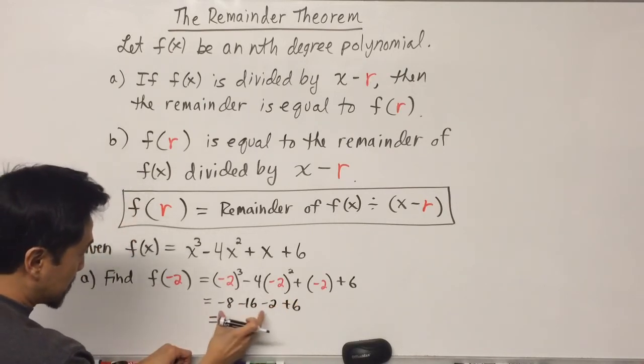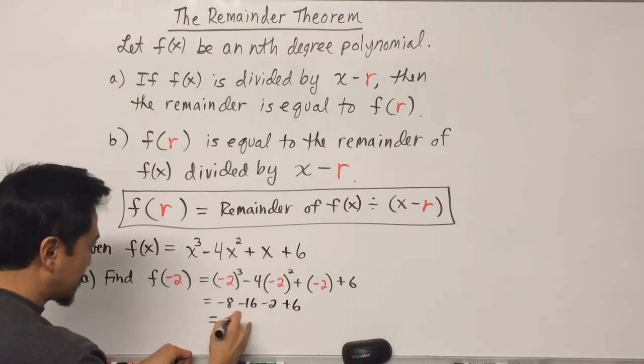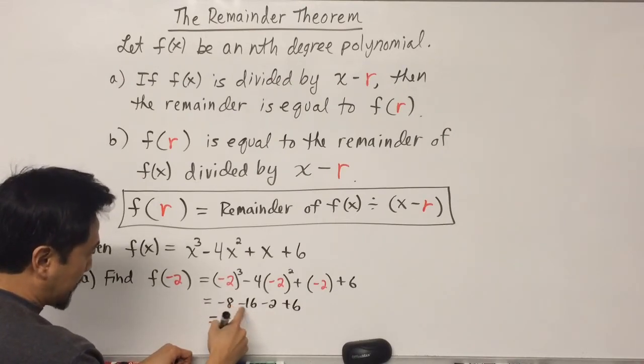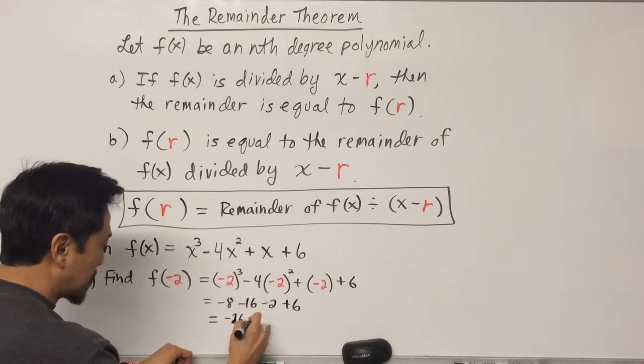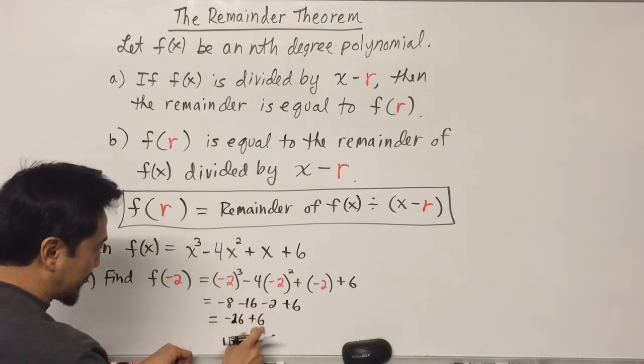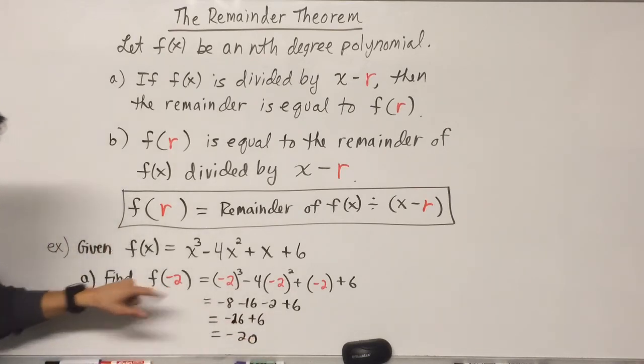Okay? So what is this? That's -10. -10 added with -16 is -26. Then -26 added with 6 would give us -20. Okay, so that -20 is the output.